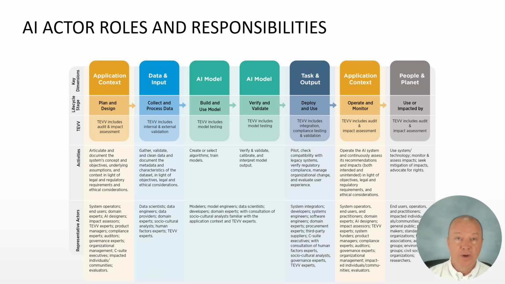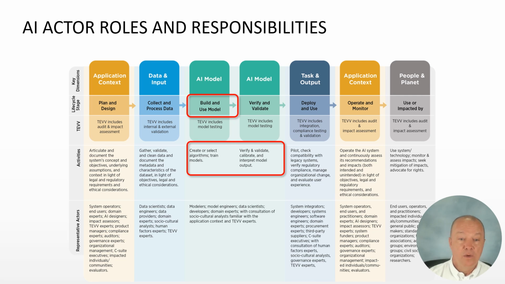We then progress to the dimension of AI modeling. And you may remember that AI modeling actually has two life cycle stages: build and use model, as well as verify and validate. So within the build and use model, we have activities that include creating or selecting algorithms, training models.